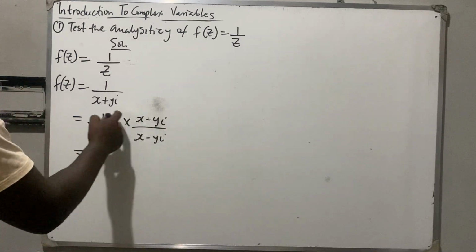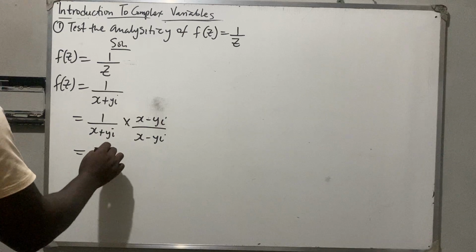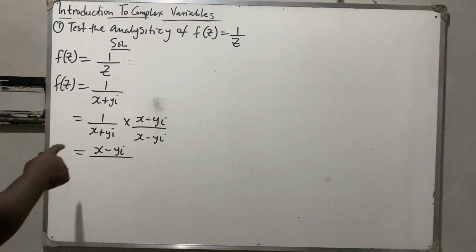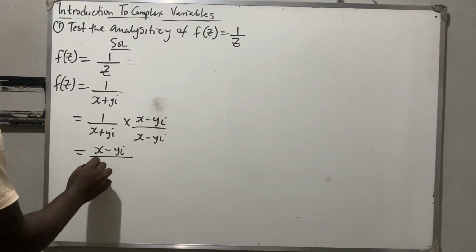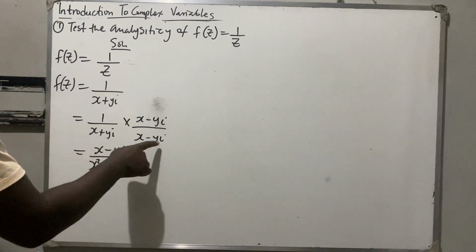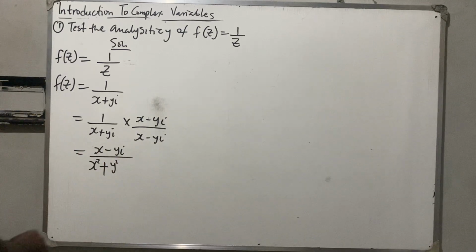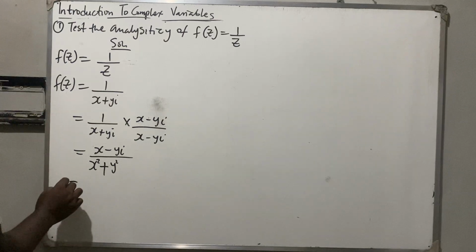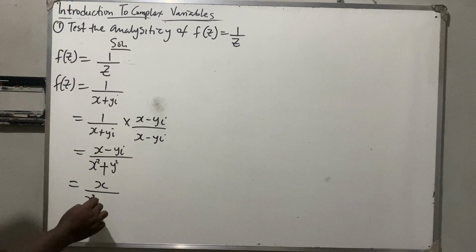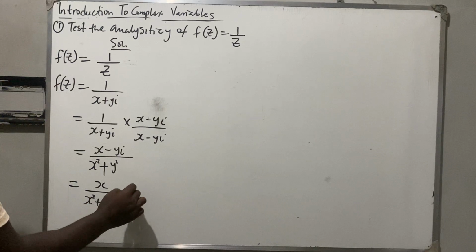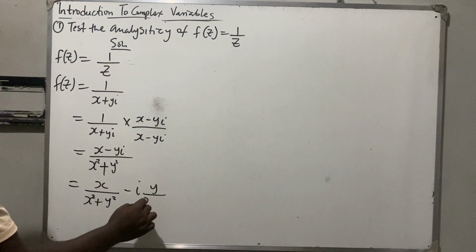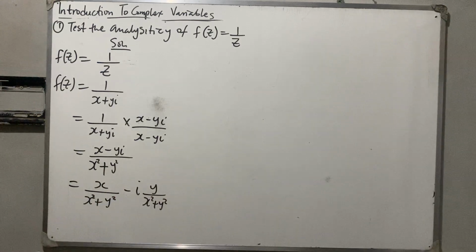If I multiply by that, it's still the same thing. x minus yi all over the denominator, which is always a difference of two squares. So x times x is x squared, and minus y times y squared, i times i is minus 1. That minus 1 will now make it plus. So you now separate it into real and imaginary: x over x squared plus y squared, minus y over x squared plus y squared, i.